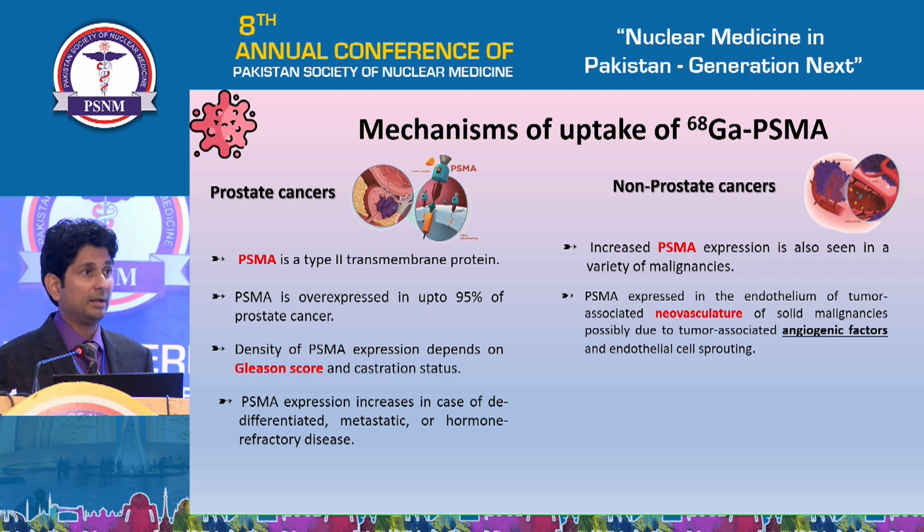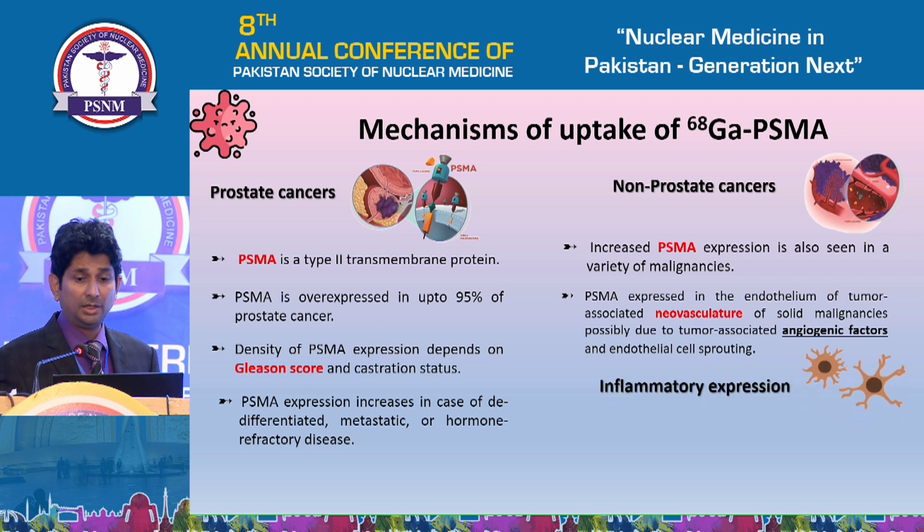So the tumor has new vascularization, and other tumors that are highly vascular can be localized by PSMA. Highly vascular tumors include, for example, hepatocellular carcinoma, renal cell carcinoma, and gliomas, especially high grade. By this mechanism you can localize these non-prostate cancers.